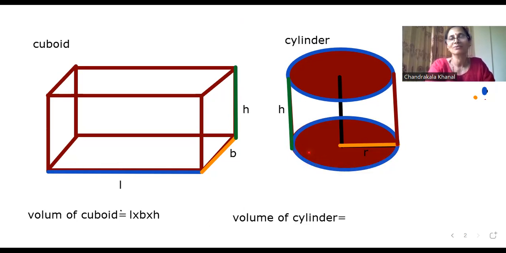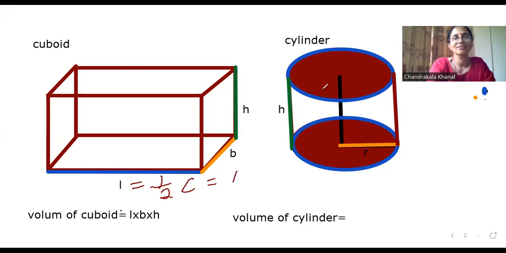Means length equals half of the circumference.